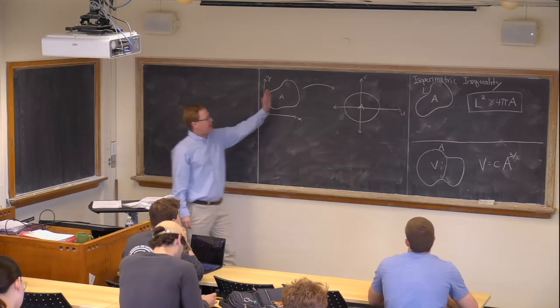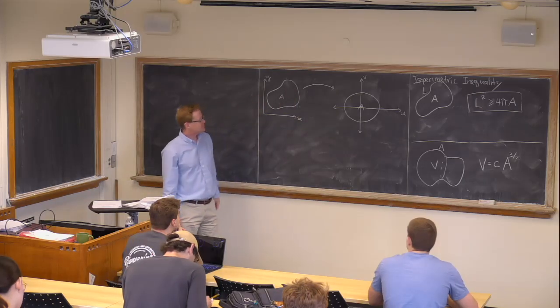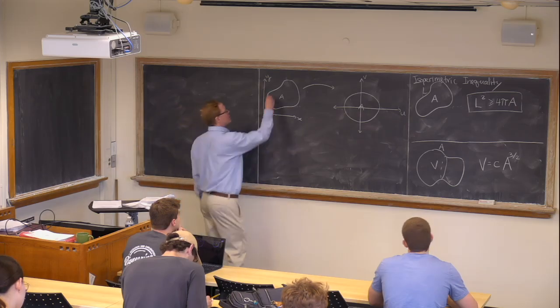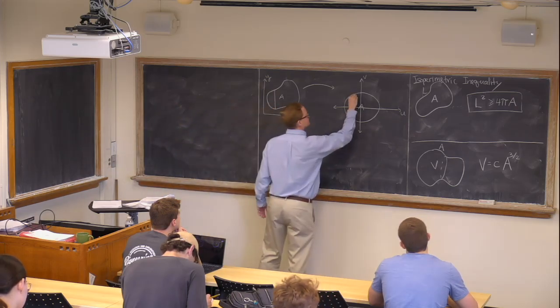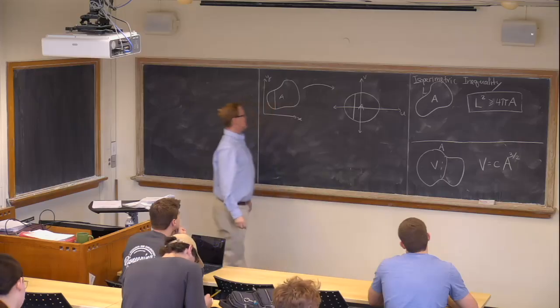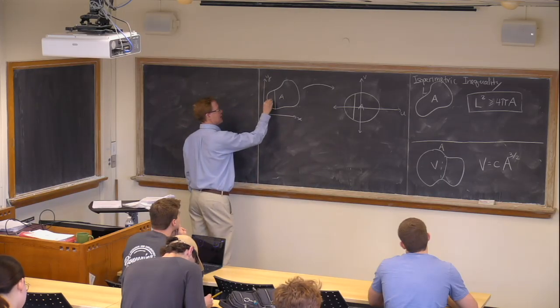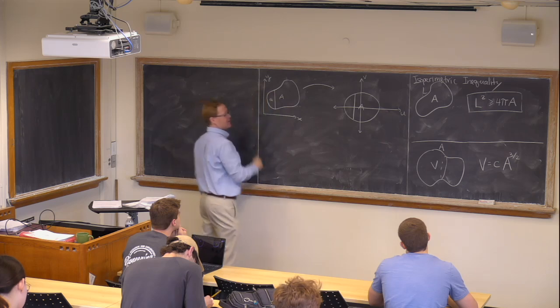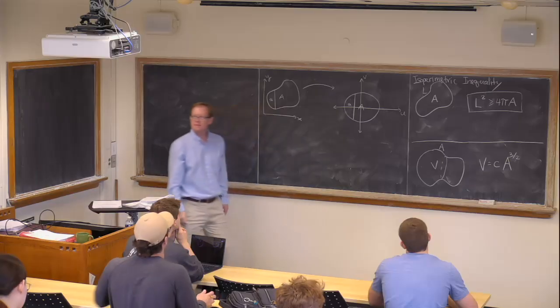But I want to define the mapping in a precise way. Okay? And so what's the precise way? Well, what I want to do is take vertical strips. I want them to get mapped to vertical strips. And furthermore, if there's a little area a on this side, to the left of the vertical strip, I want the amount of area on this side also to be little a.